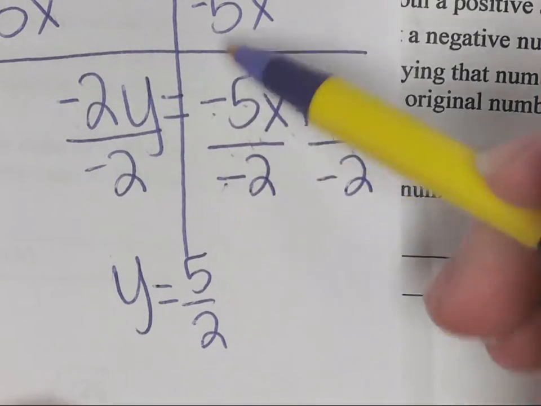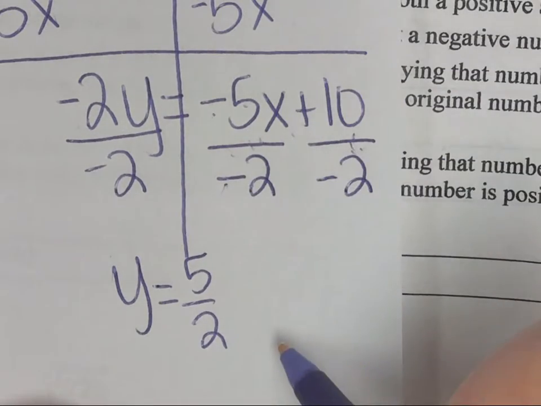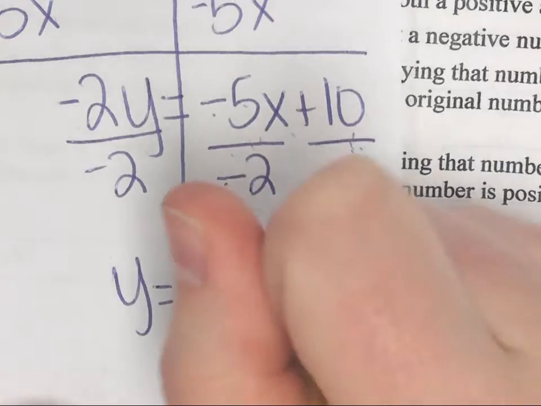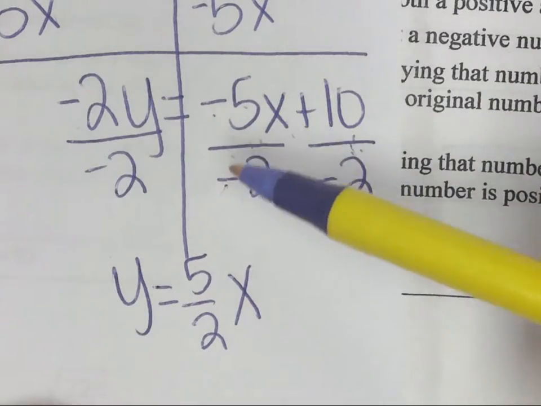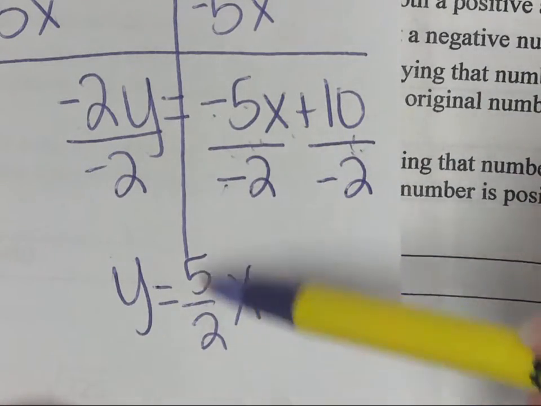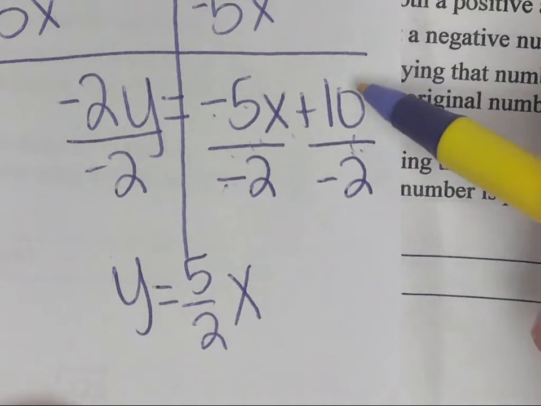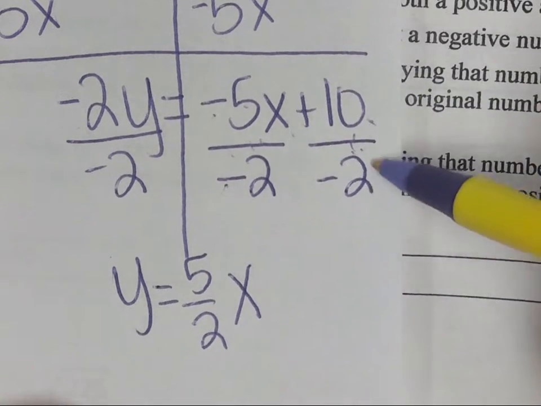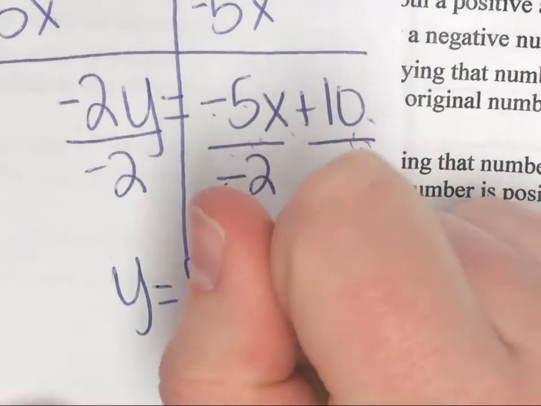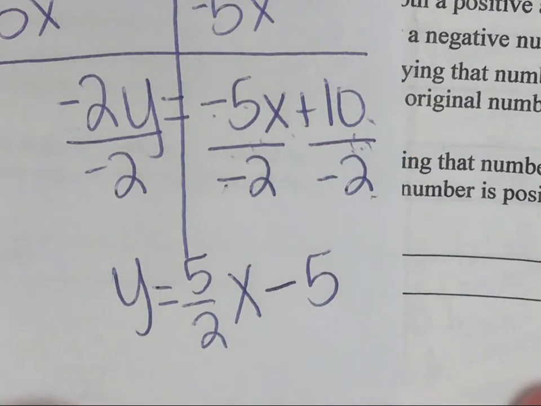5 over 2 is simply already there, and what has to go beside it? X. We can't forget about that x. Negative 5 over negative 2, guys, this is positive again because a negative over a negative is a positive. Okay? And then our last term, positive 10 divided by a negative 2 gives us a negative 5.